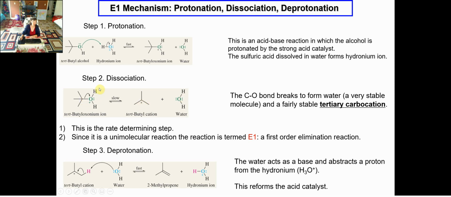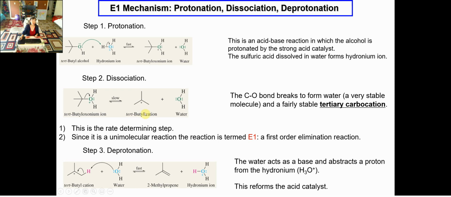Again, you remove another water molecule. The carbon-oxygen bond is going to undergo heterolytic bond cleavage. So carbon becomes positively charged. Oxygen retains 2 more electrons and becomes a water molecule. The carbon-oxygen bond breaks to form a water molecule, which is more stable, and also a relatively stable tertiary carbocation like this one.